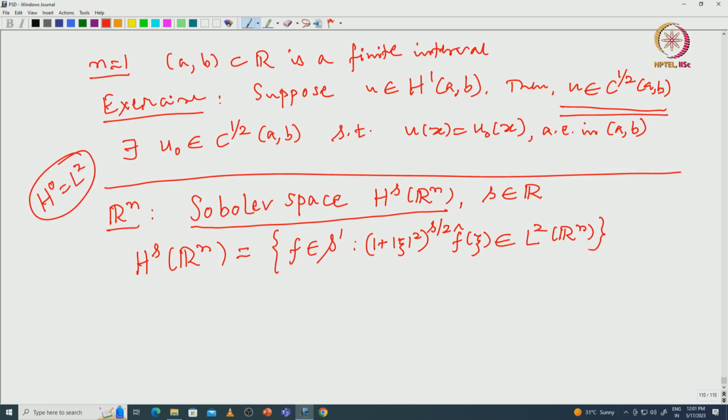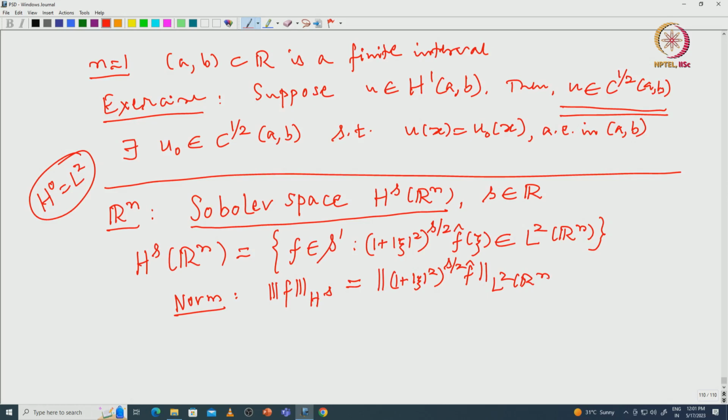And let me write, because we are using different norms, let me write the norm. I will put the triple norm here, H^s. This is nothing but the L2 norm of this, f cap in L2 R^n.